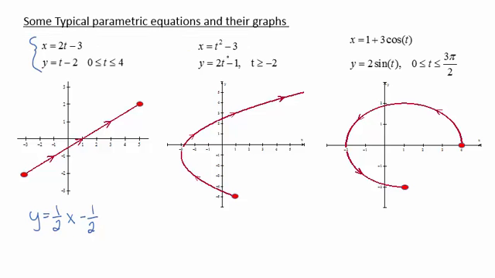To eliminate our parameter t, we could take our second equation and solve this for t. We would add the 1 to the other side to get y plus 1, and then divide by 2 to get an expression for t that we can substitute into our first equation. So that we would have x equals some expression we'll plug in for t, minus 3, where we're going to plug in here the y plus 1 divided by 2.